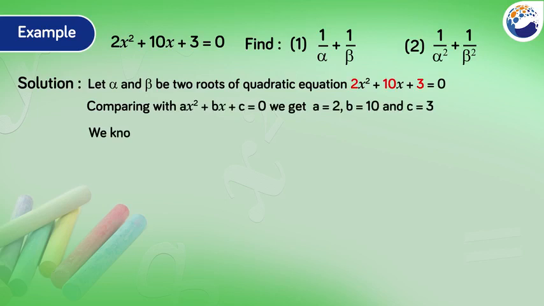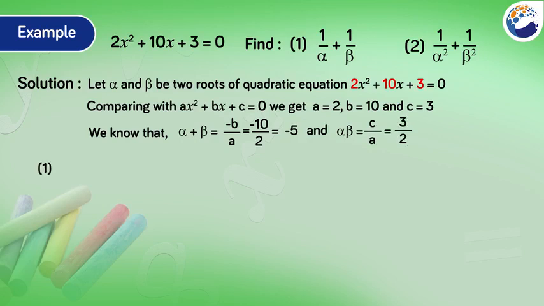We know that alpha plus beta is equal to minus b upon a is equal to minus 10 upon 2 is equal to minus 5, and alpha into beta is equal to c upon a is equal to 3 upon 2. Now we are supposed to find 1 upon alpha plus 1 upon beta.